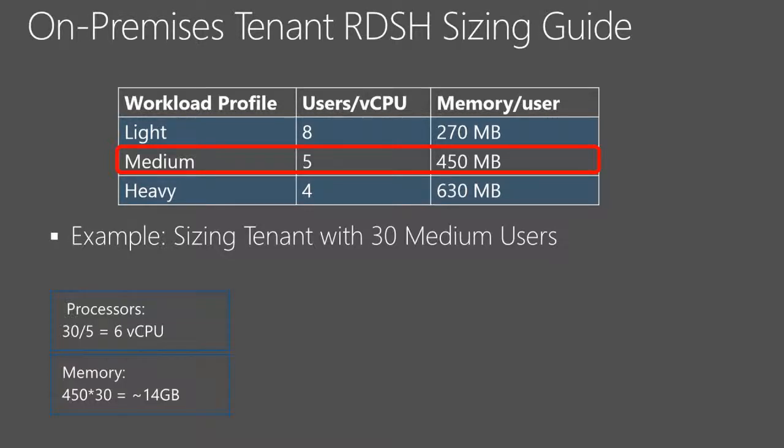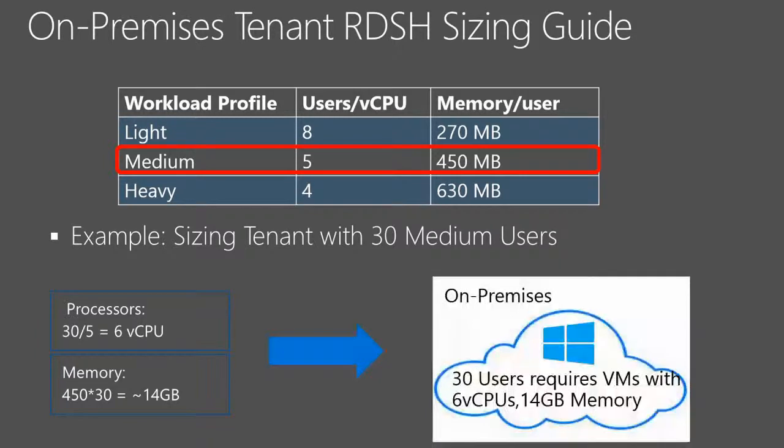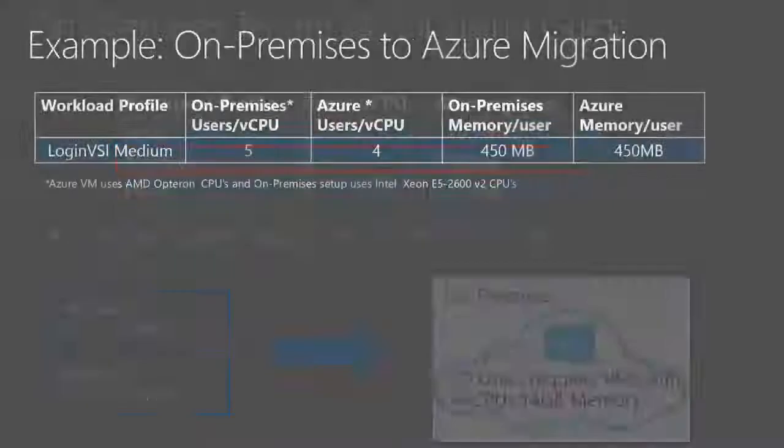And that means I could create 3 VMs that each had 2 vCPUs, etc. But I got to make sure I've got that many vCPUs available to me, right, to handle that.